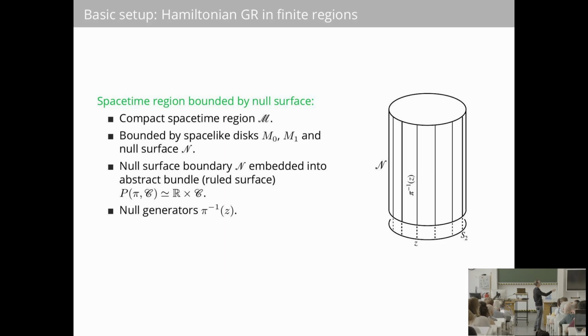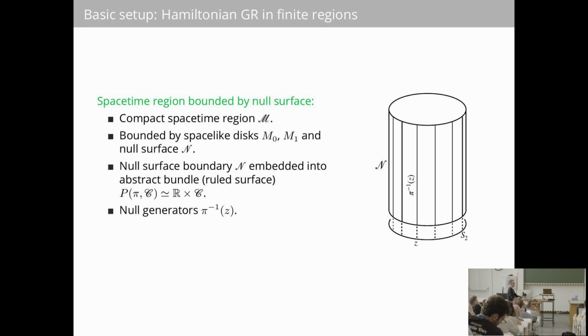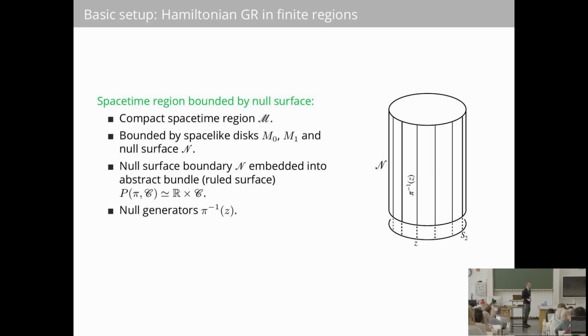What is this structure? Topologically, you can think of a light cone as a cylinder. So a two-dimensional sphere, and then you illuminate this sphere and light rays go out. And these light rays I picture here as vertical lines. Mathematically, this is a fiber bundle. And now we want to describe the geometry.